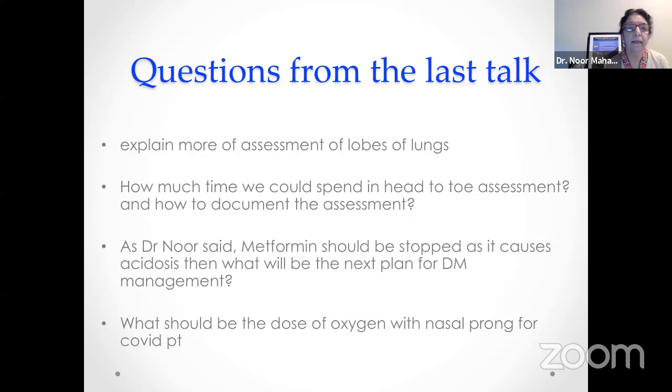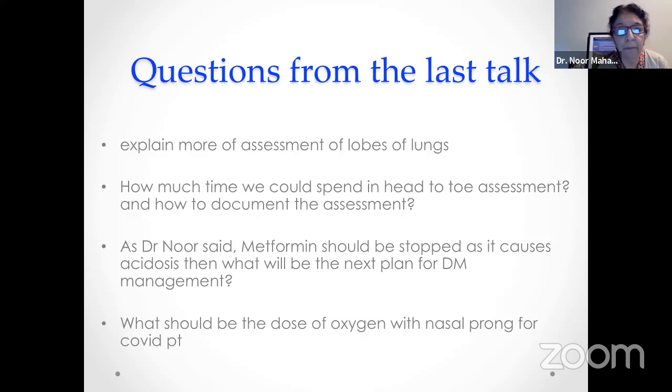The previous slide, I had said that metformin should be stopped as it causes acidosis. Then what will be the next plan for diabetes management? Good question. The point is that metformin is not the drug you use in any acutely ill patients. What you do in the hospital setting is you use sliding scale insulin or IV insulin for several reasons. One is it's much easier to control, with a very predictable response.